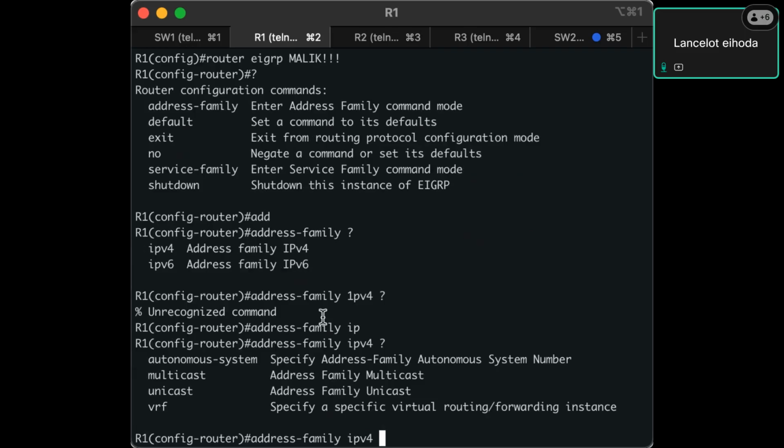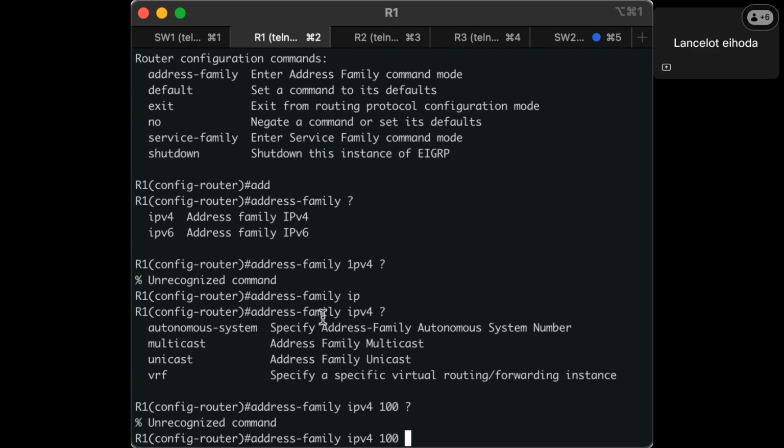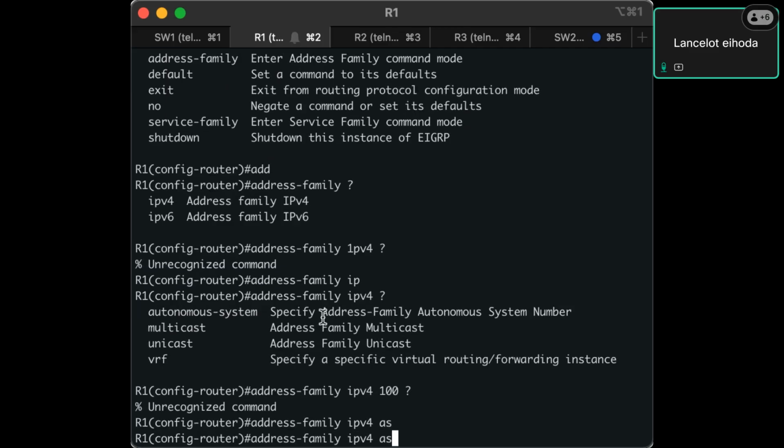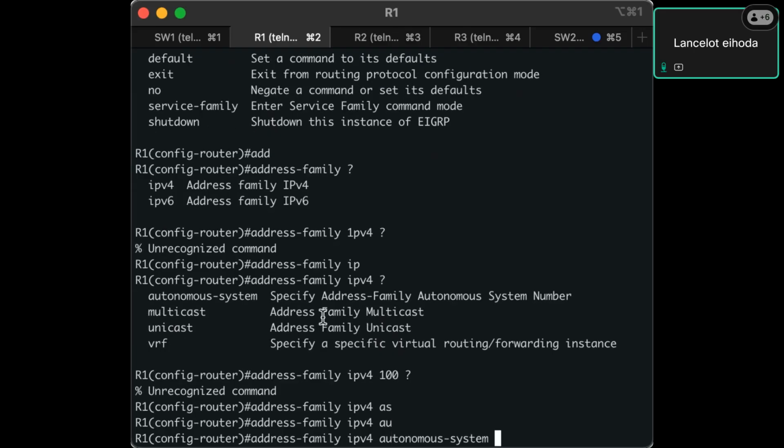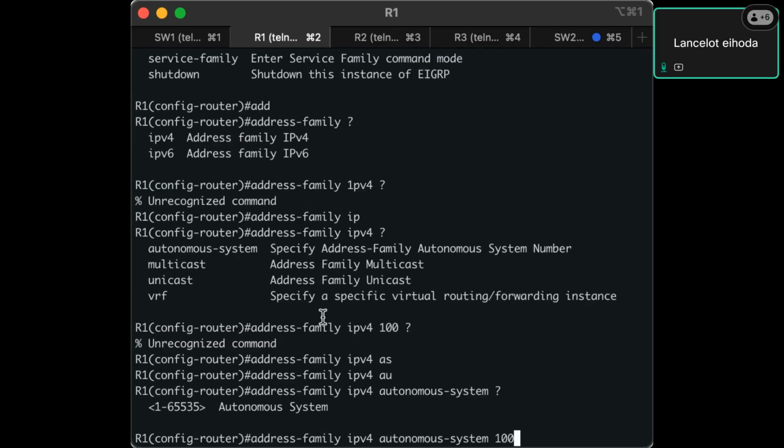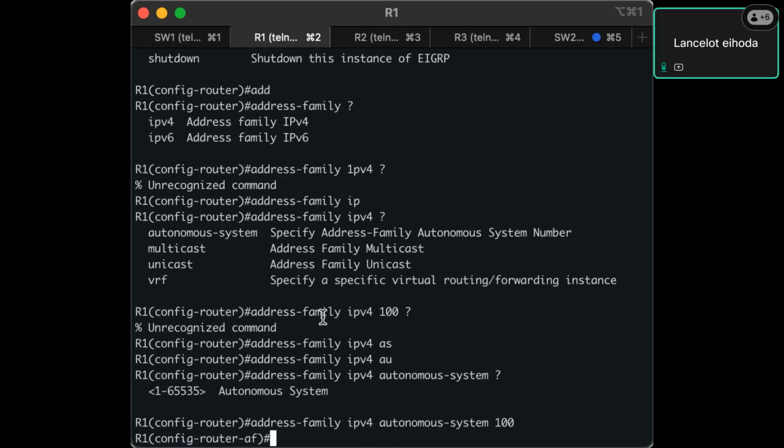From our setup, we know that most of these routers are in autonomous system 100, so the AS will be 100. Can you see I've now left the router space and entered the IPv4 address family space? I could do the same thing on IPv6.